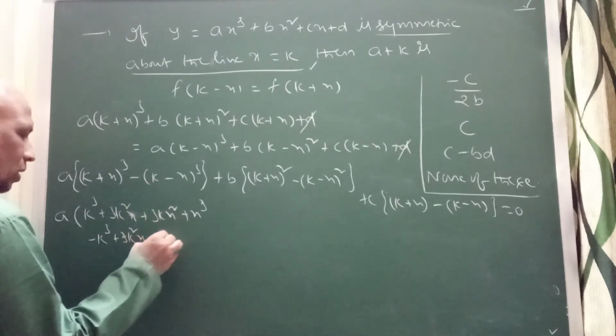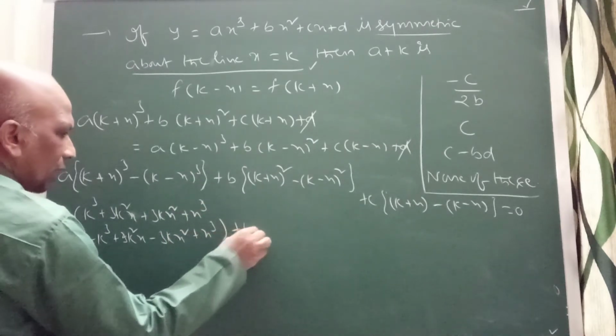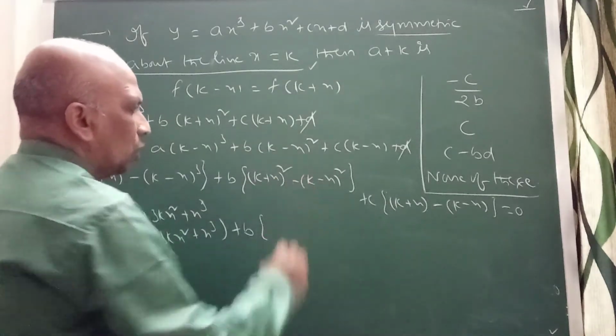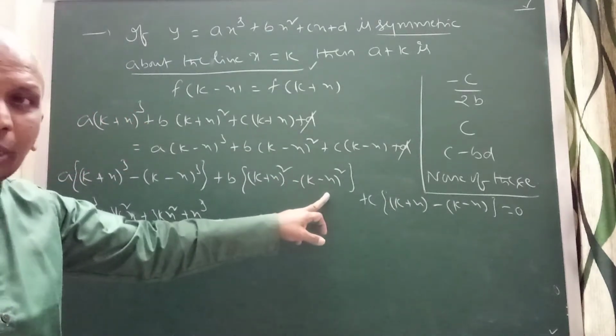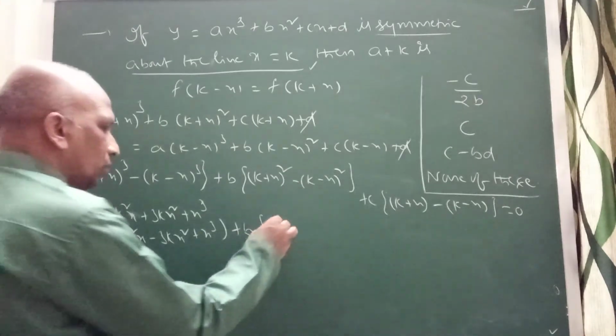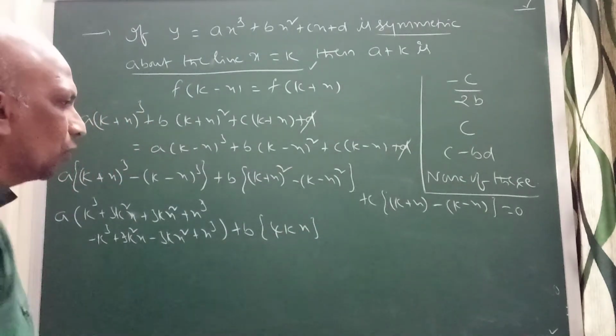So this is minus 3kx square plus x cube, plus b into k square plus x square, you will get k square plus x square. Here also you will get 2kx minus 2k is 4kx. Only 4kx will come here.